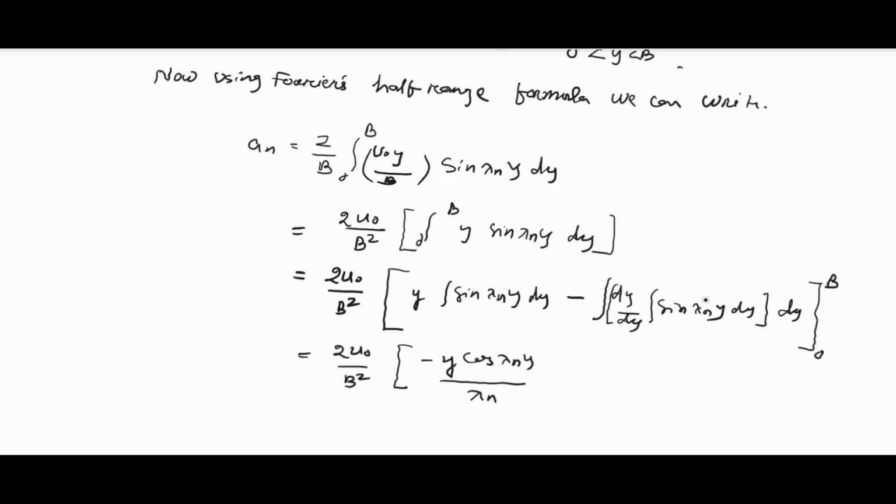So 1 by λ_n comes to the front, and we get plus 1 by λ_n integration of cos(λ_n y) dy from 0 to b.